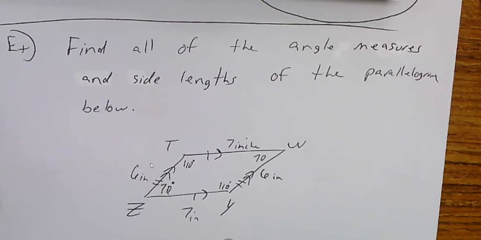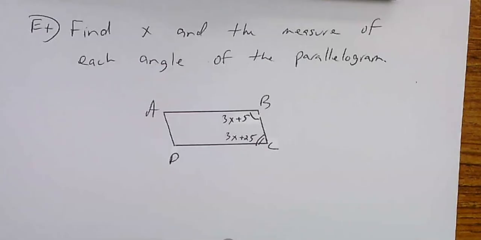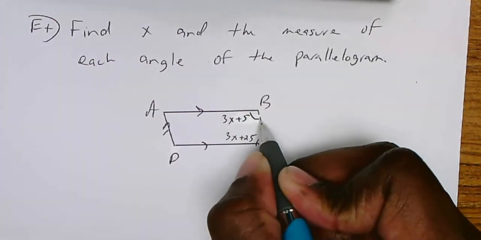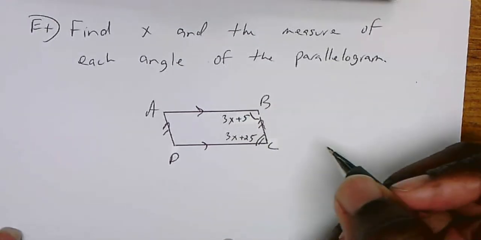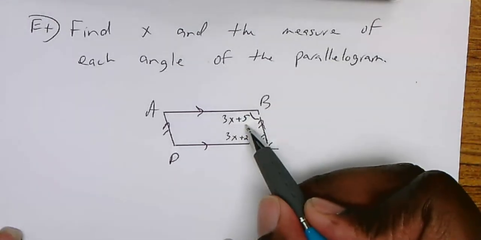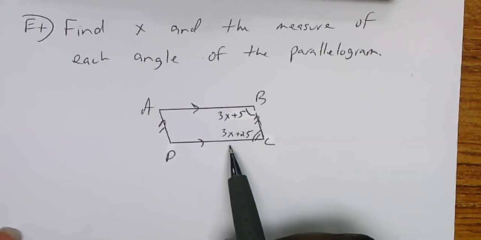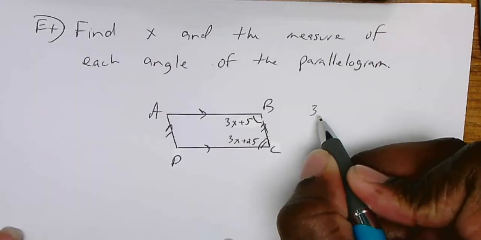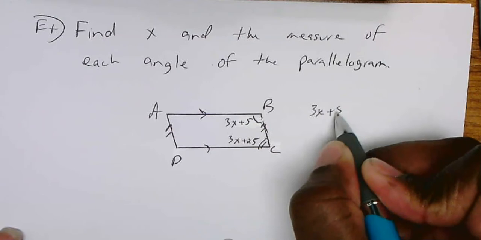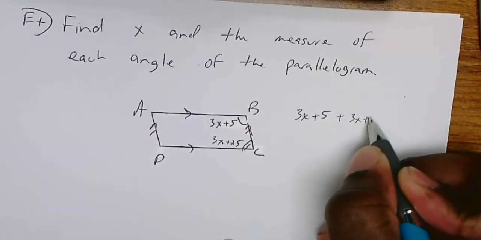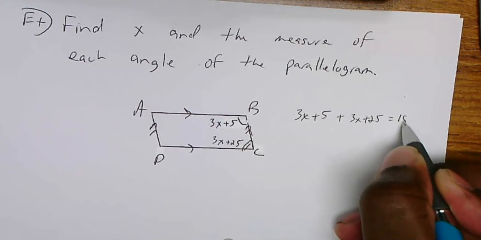Let's look at another one. It says find x and the measure of each angle in the parallelogram. I know these sides are parallel and these sides are parallel because it says parallelogram. It told me angle B is 3x plus 5, and angle C is 3x plus 25. So I know the first angle, 3x plus 5, plus the second angle, 3x plus 25, equals 180.